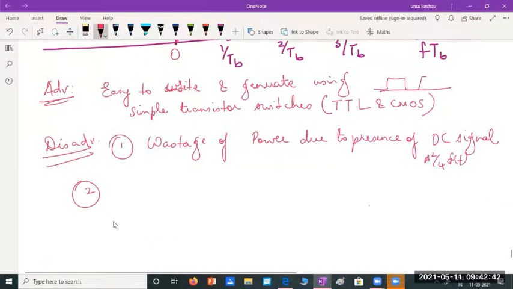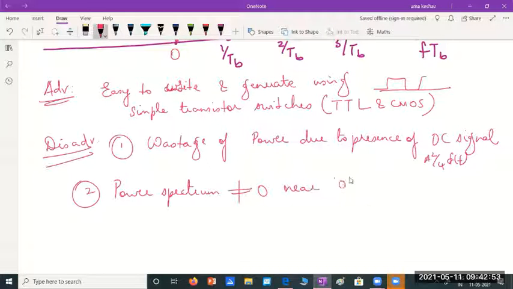You can just say the power spectrum is not equal to 0 near 0 frequency. So surely we have to use DC coupling.